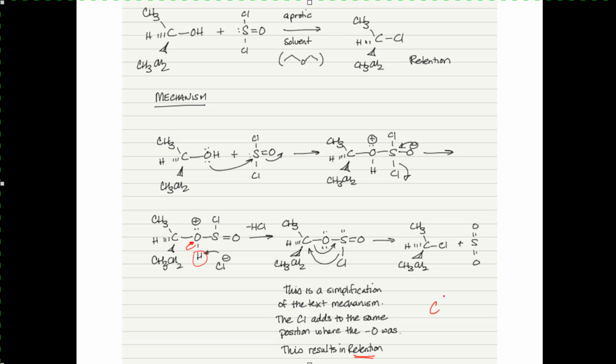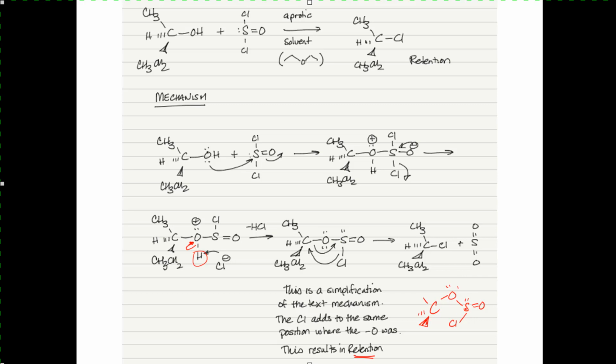So if you think of it this way, the oxygen is here, the sulfur is here, the chlorine is here, and so there's a lone pair here. So what happens is we take this pair of electrons, and let me just write it in. Right, so there's my carbon with my 3 groups.